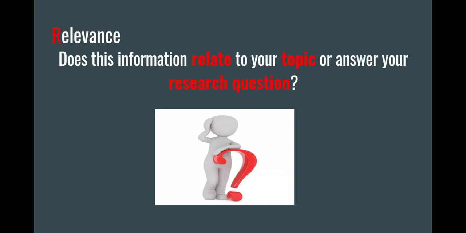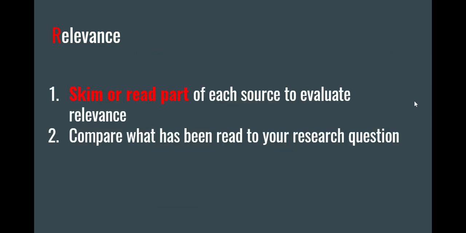The next part is relevance. Does this information relate to your topic? So go back to your research question and figure out if it relates. How do you tell, for yourself or for students? You have to skim or read part of the source. So look at the headings, look at the subheadings, read the article, or have your kids read part of it and see if it relates and if it's something they could potentially use.